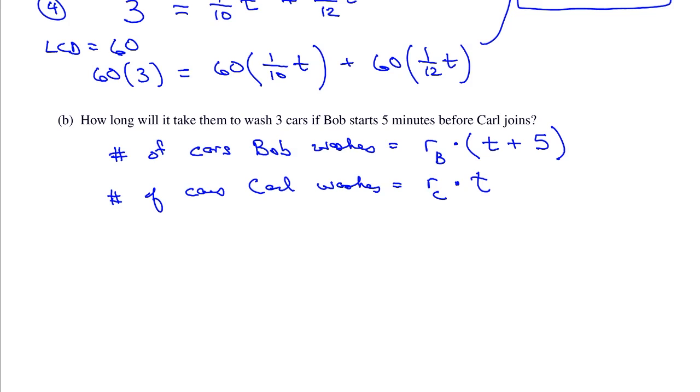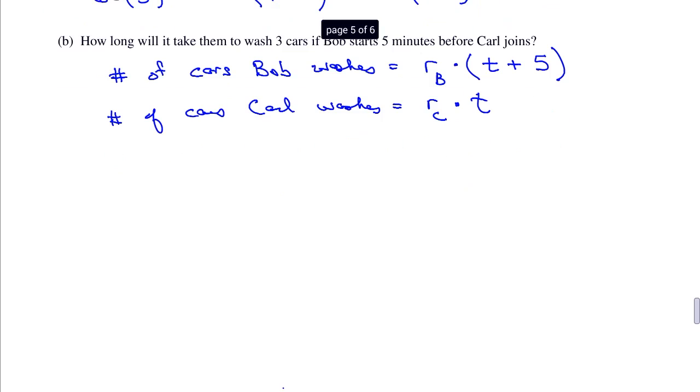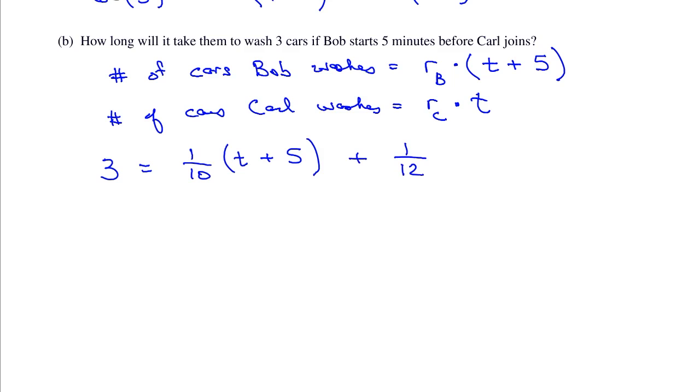We're still looking for how long it takes them to wash 3 cars, so it's 3 is equal to the rate at which Bob washes cars times t plus 5, so 1/10 times t plus 5, plus the rate at which Carl washes cars, 1/12, times t.